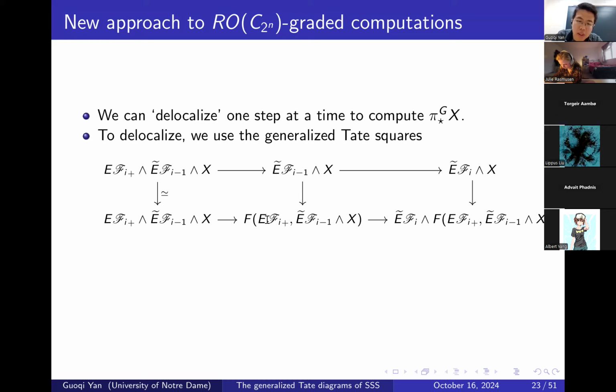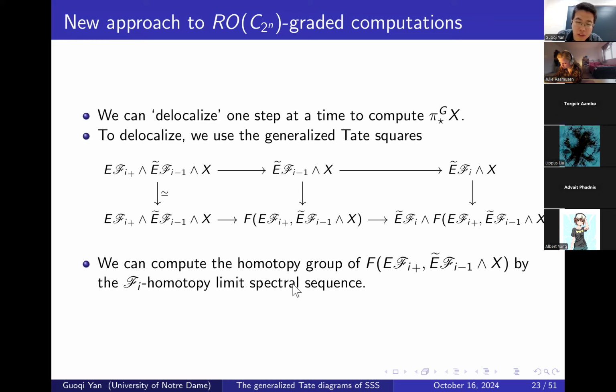The spectral sequence comes from the cellular filtration of EF_i. We can compute the homotopy groups of this spectrum with it. There are several different names for this spectral sequence. We can call it the F_i homotopy limit spectral sequence, or the equivariant Atiyah-Hirzebruch spectral sequence.